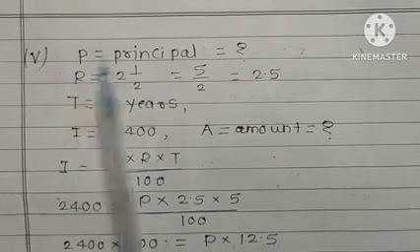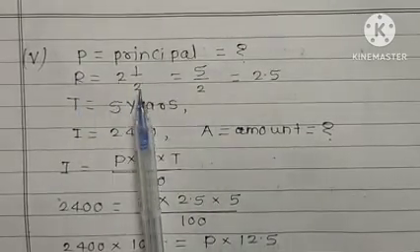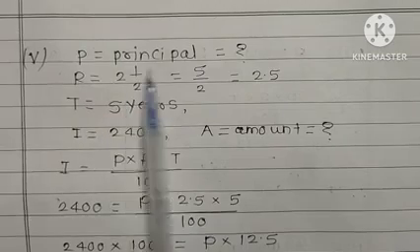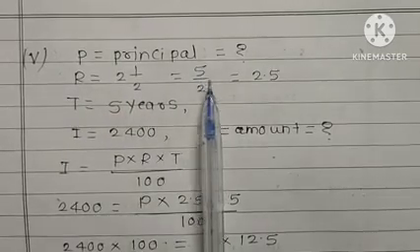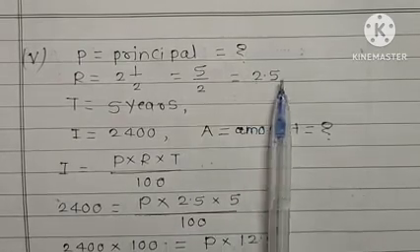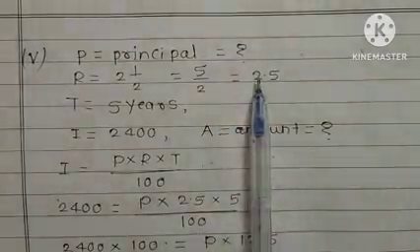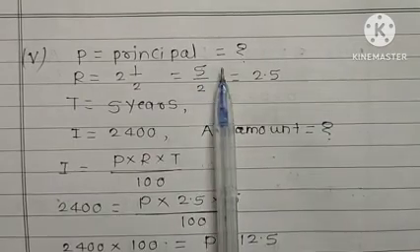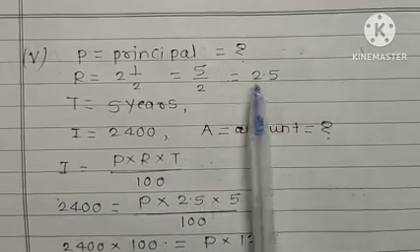Okay. P is equal to principal, we don't know. R 2.5%. 2 twos are 4 plus 1, 5 by 2. And if you divide 5 by 2, you will get 2.5. You know how? 2 twos are 4, carry 1, taking 0, decimal here. 2 fives are 10.